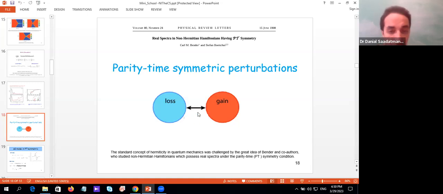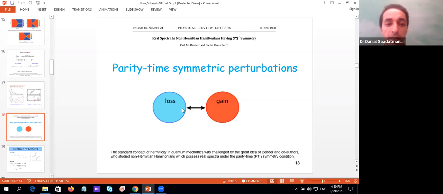After they showed such a behavior, a lot of studies showed that parity-time symmetry is a good topic to study.